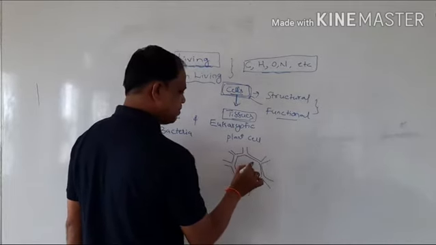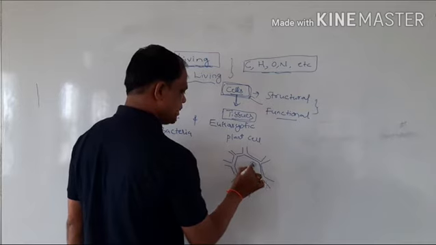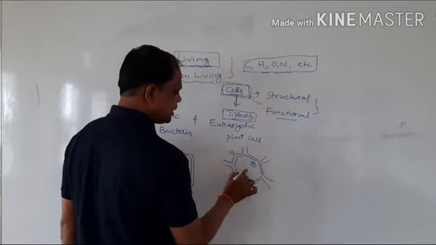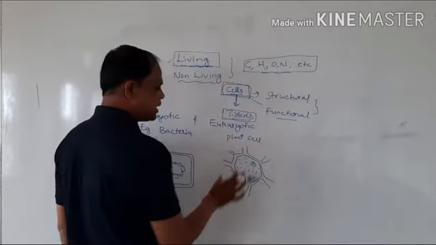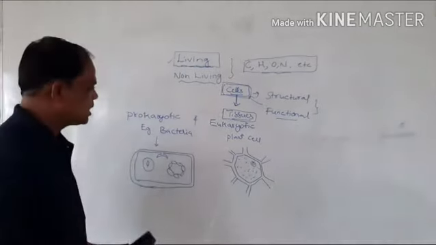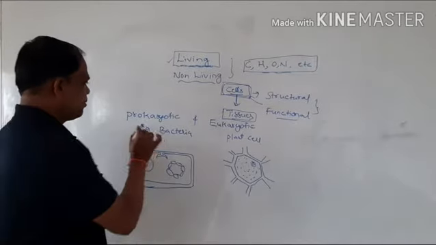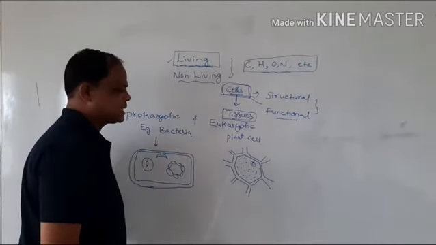Here the nucleus is present, and all the living cell organelles are present inside the plant cell. These are the two examples of prokaryotic and eukaryotic cells.